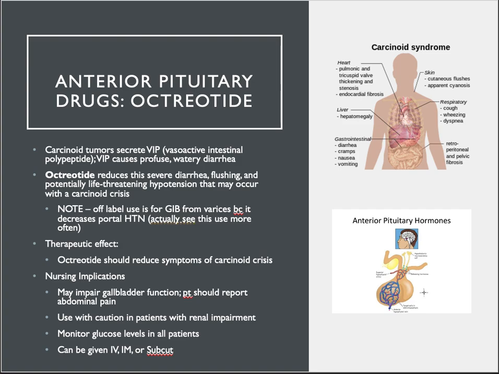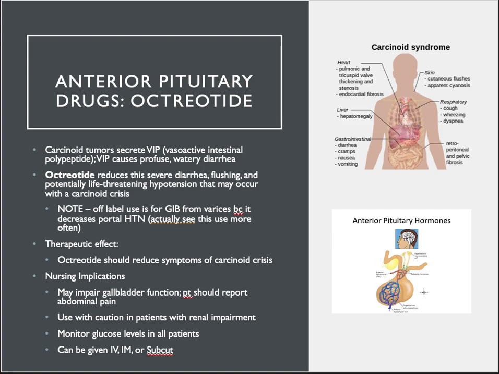All right, one of the other medications that does affect the pituitary gland is Octreotide. And Octreotide is a medication that is used to counteract tumors that secrete vasoactive intestinal polypeptide, or VIP.